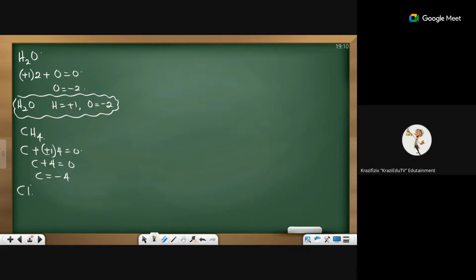That means here, oxidation number of carbon is -4. Hydrogen is what? +1. Why is this special? We had said earlier on that we write the positive first before the negative. But this time around, can you see something different there? We are looking at special cases here.